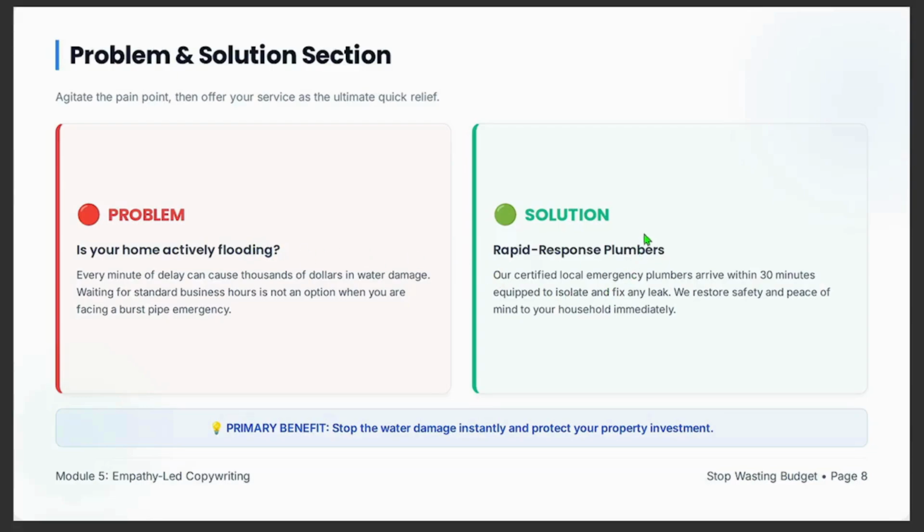For example, our certified emergency plumbers arrive within 30 minutes. And finally, add a benefit: stop the leak fast and protect your home. When you show problem, solution, and benefit, users feel understood and they trust you more and more.